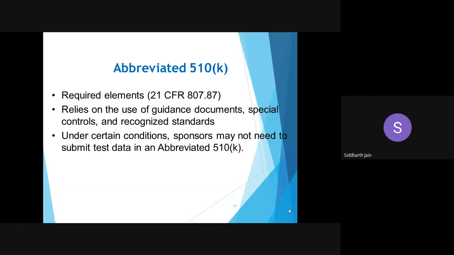Under certain conditions, the sponsor may not need to submit test data in an abbreviated 510K. In many cases, test data like validation data are not required to be submitted because the guidance documents and recognized standards are already available for your set of devices. So in that case, we can go for the abbreviated 510K.